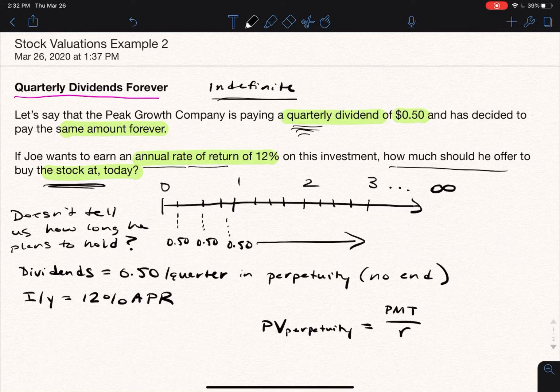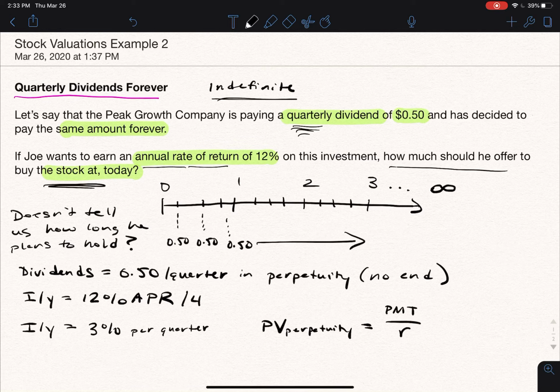And so if our interest rate is given to me as an APR, but my dividends are being given to me as quarterly dividends, then I must convert my I/Y. So I'm going to divide my APR by 4, right? And that's going to be a 3% required rate of return per quarter.